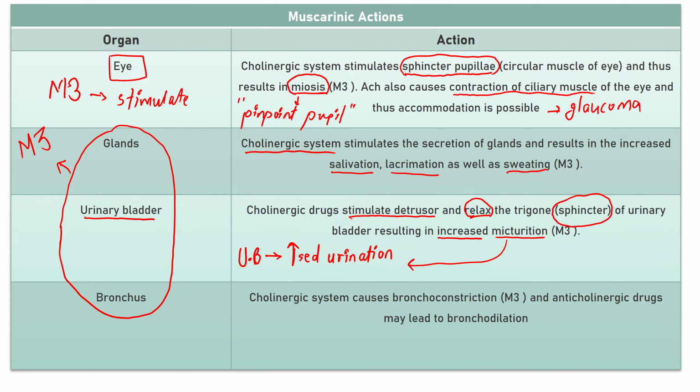Now in the bronchus, again M3 stimulates the bronchus. The smooth muscle of the bronchi is stimulated, meaning it will get constricted. So it causes bronchoconstriction.